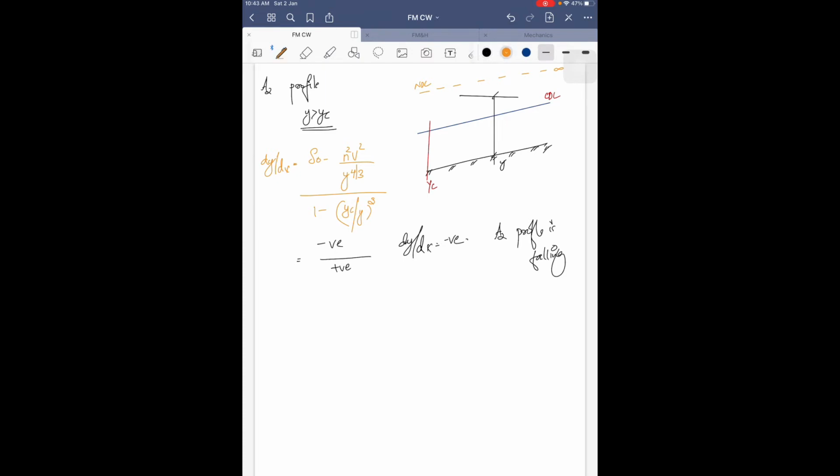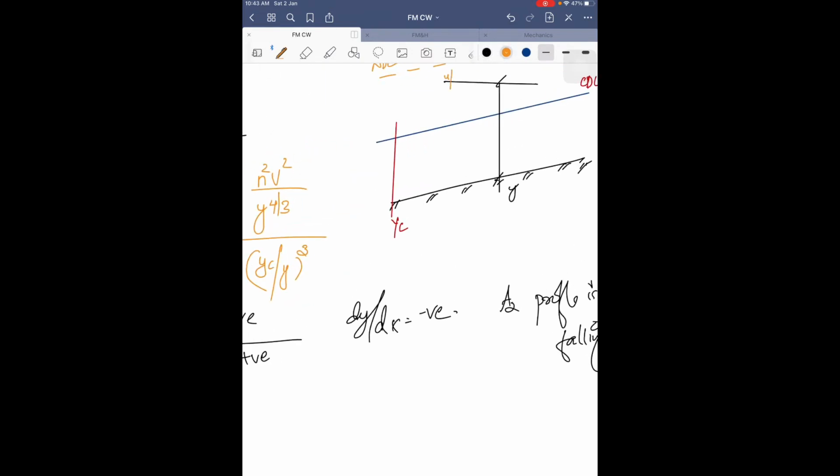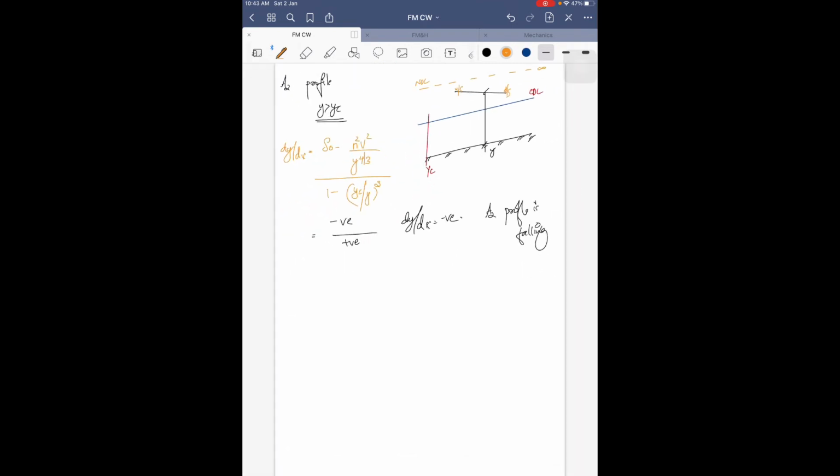Now coming over to the upstream downstream conditions. At the upstream side, y tends to infinity, since NDL is an imaginary line, or you can consider it is at infinity. At the downstream side, y tends to yc.